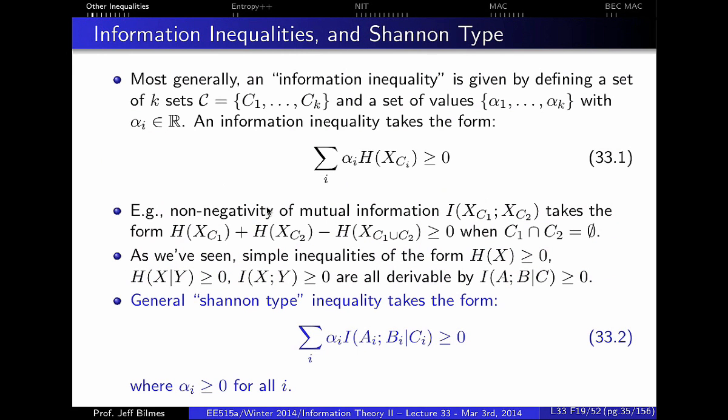It turns out that the general Shannon type inequalities, the ones that were sort of used when entropy first came around, take this form, where we're taking non-negative combinations of the conditional and mutual information. So we've got these sets of bundles. I'm using A_i, B_i, and C_i, but we've got a bunch of bundles of random variables, and we're saying that sums of these things are non-negative when the alphas are non-negative.